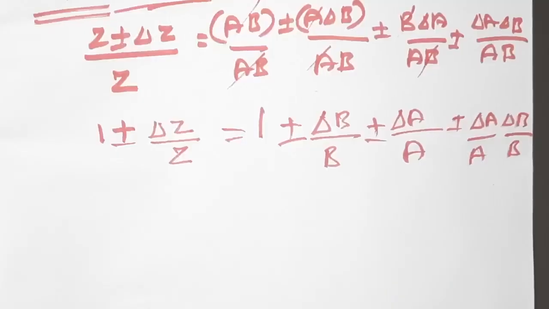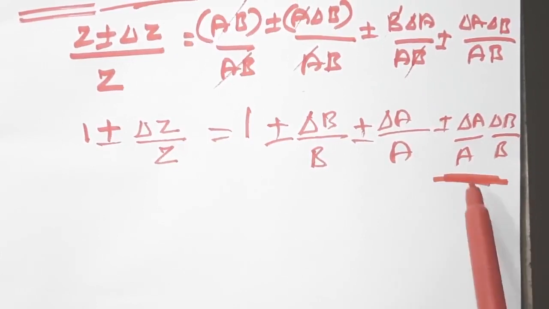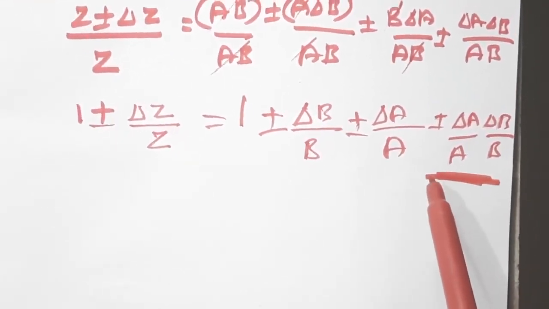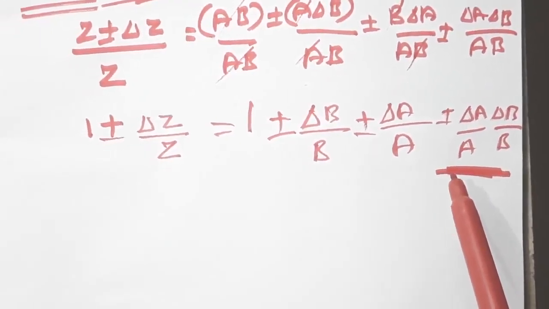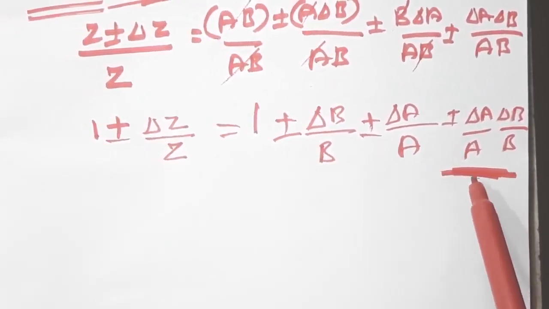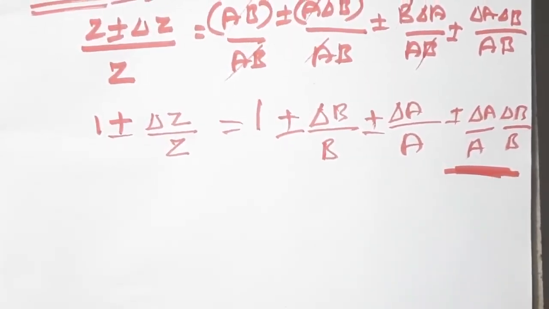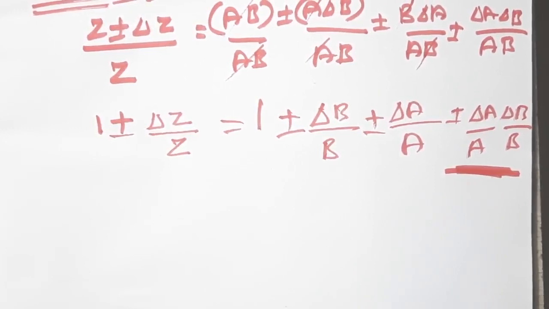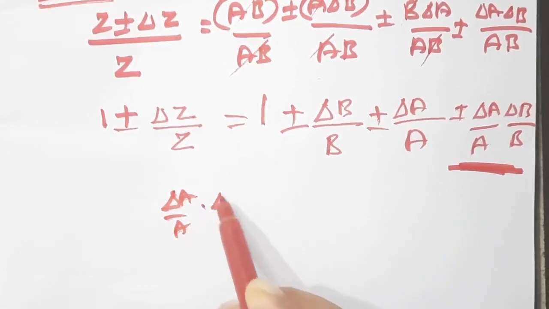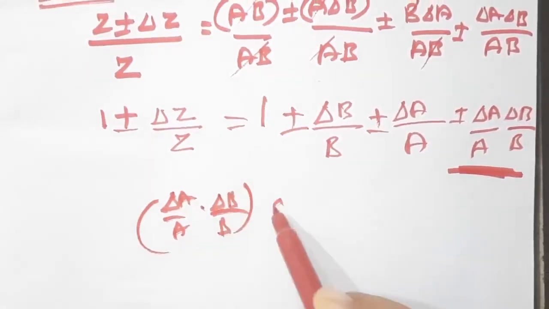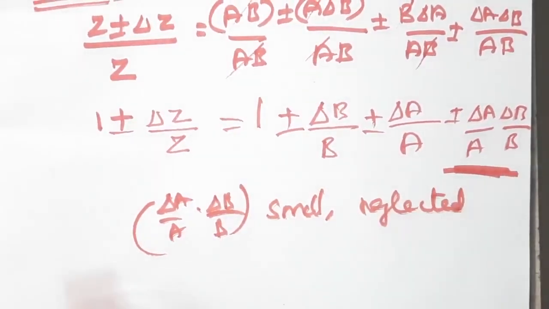Understand? In this equation, this delta A by A and delta B by B, the fraction, is very small. Okay. So the fractional error is very small, and we are taking this product, that is also very small. So we can neglect that term. So this product delta A by A into delta B by B is very small, so we can neglect.